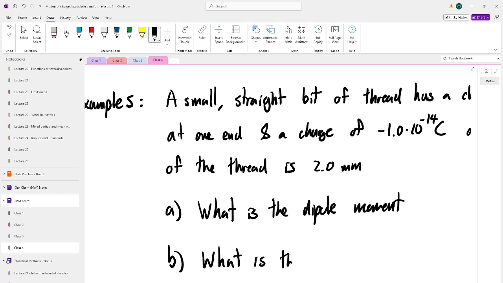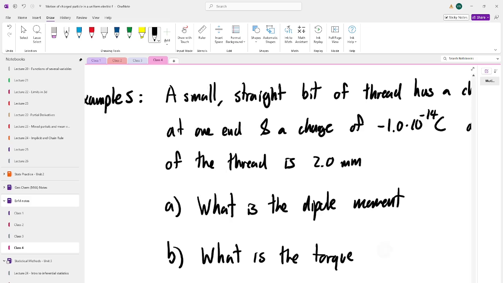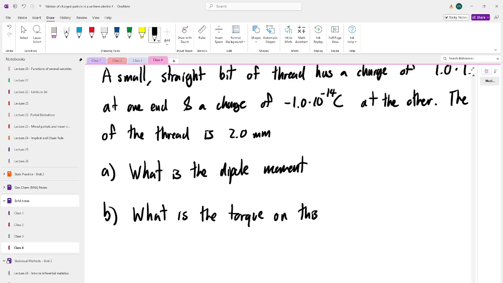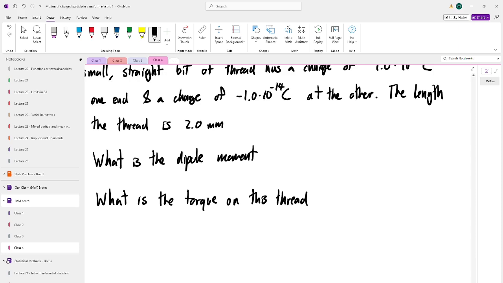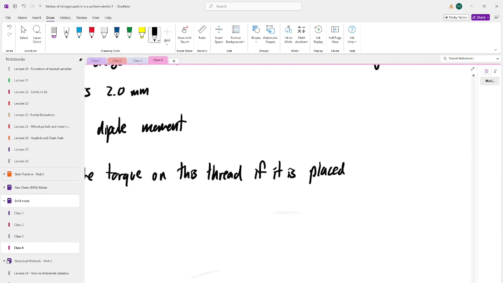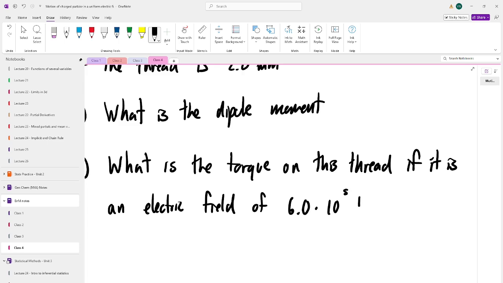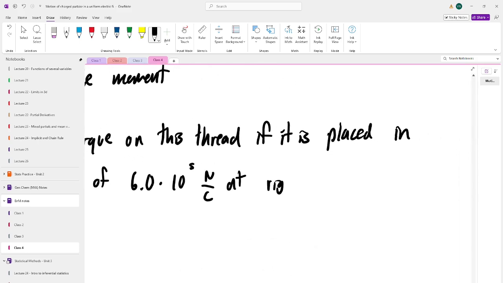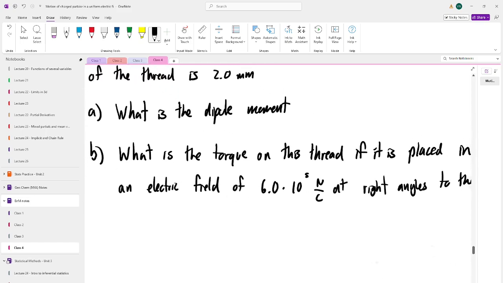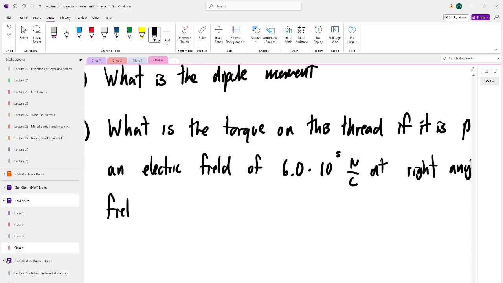So what is the torque on this thread if it is placed in an electric field of 6.0 times 10 to the 5 newtons per coulomb at right angles to the field? Okay.